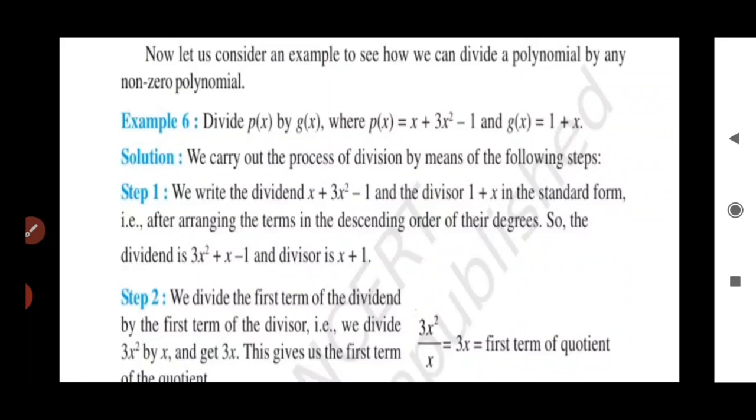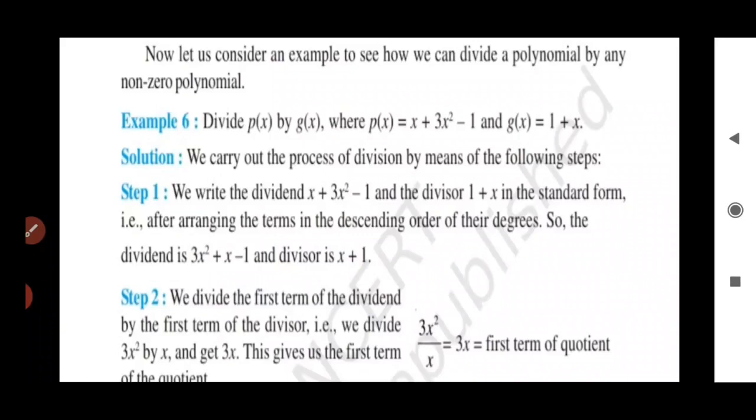So the dividend is 3x squared plus x minus 1 and the divisor is x plus 1. So step number 1 is arranging the terms in descending order of their degrees, dividend and divisor also.